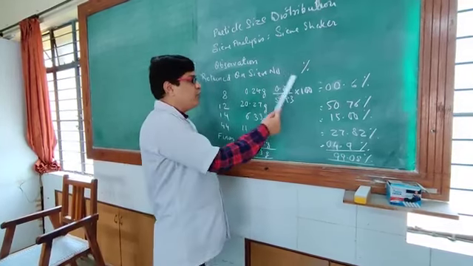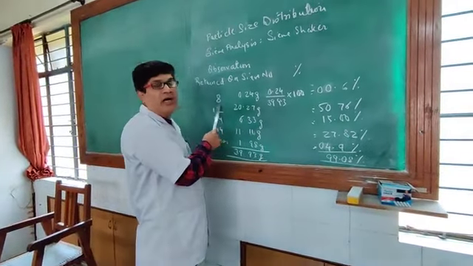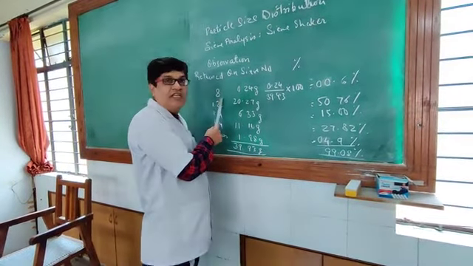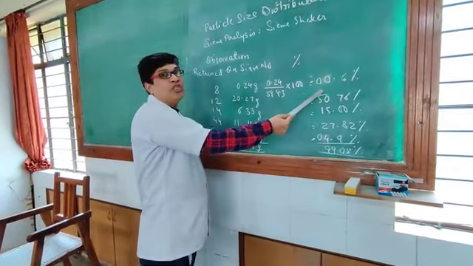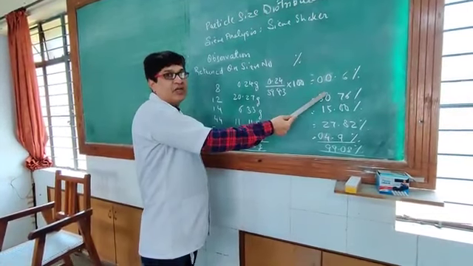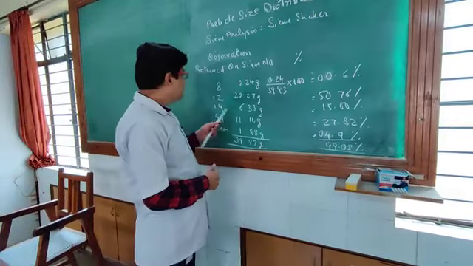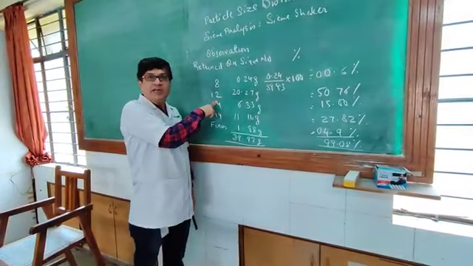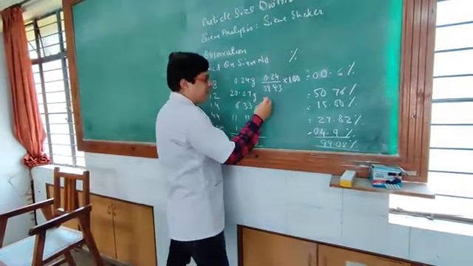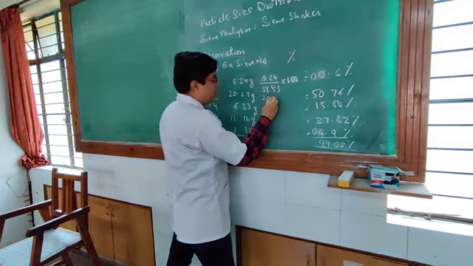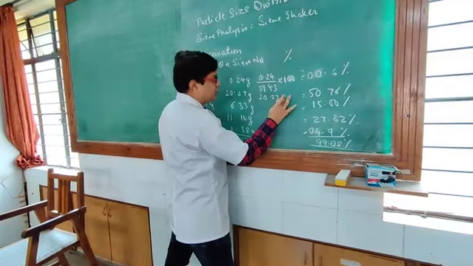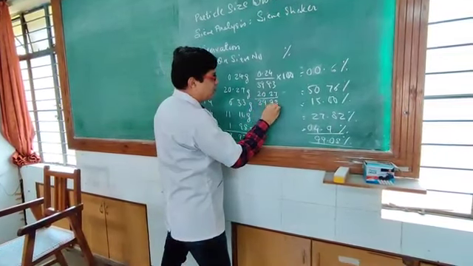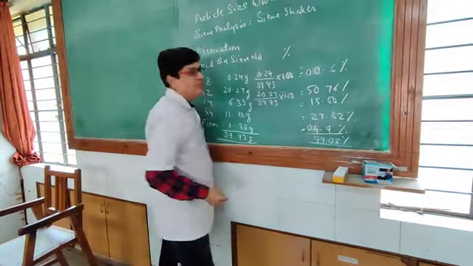If we do this calculation, we get the percentage of granules retained on each sieve. For sieve number 8, it comes to 0.6%. For sieve number 12, we take the granules retained, divide by the total granules, and multiply by 100.